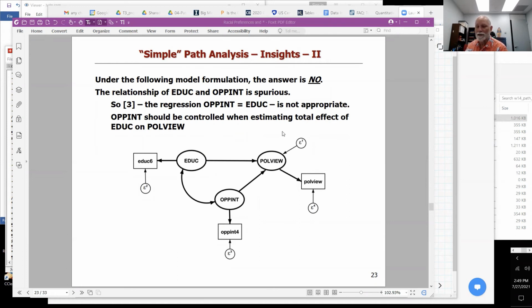So this is all happening without any thoughtful consideration anytime we run a single equation regression. In your typical single equation analysis, all of this is being assumed implicitly.